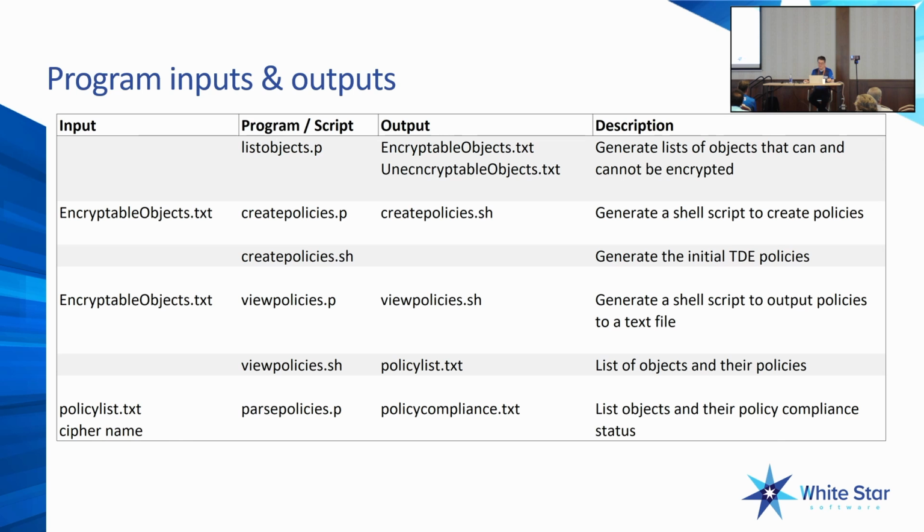And then the last program, parse policies, will take as input the policy list and a cipher that you specify, and compare your target cipher with the ciphers on each of those objects and tell you a little bit about their compliance status. This is not intended to be production grade code. It's basically a hello world example to demonstrate what the workflow is for building your compliance process.